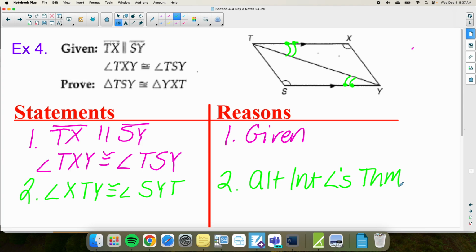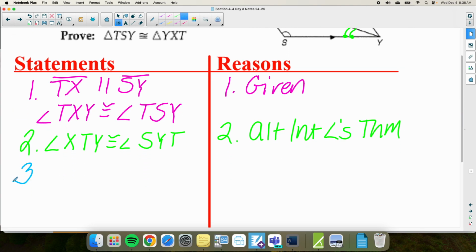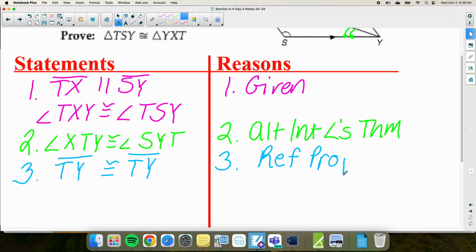All right. Now, do you see something else that I could mark? Reflexive. So I can say TY is congruent to TY. And that is reflexive property.